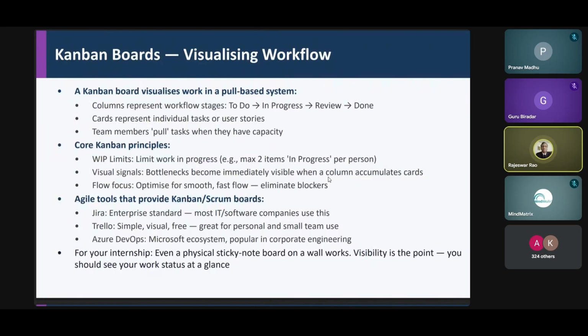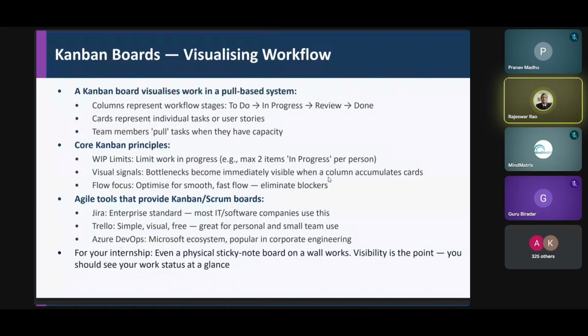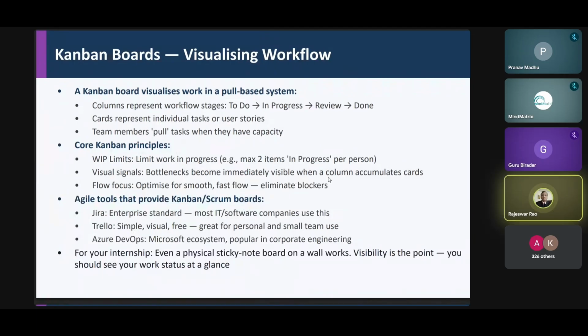Interestingly, I'll give a personal example. I got used to this Kanban for the last 20 years. That today even in my day-to-day life, I put stickers in my office room to look at it every day. Right from watering the plants to going to a shop to doing something. Everything is so planned and written down and stuck on my wall.